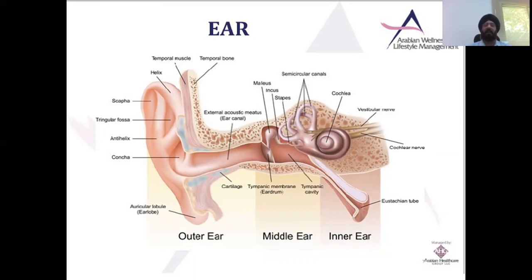The middle ear is also connected to the pharynx through a small tube known as Eustachian tube. The inner ear has snail-shaped circular canals, responsible for equilibrium. It's known as cochlea.